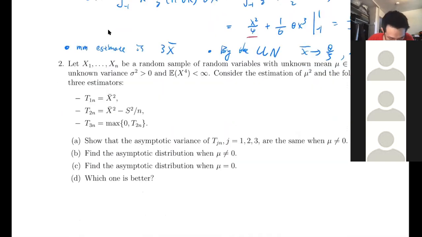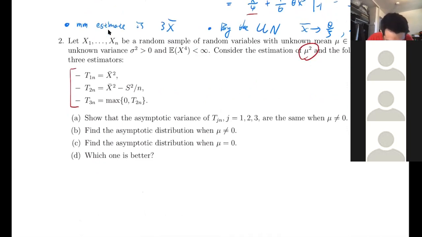Okay. And the second one is we have three different types of estimator, and we want to estimate mu squared. We can show that all these three methods are consistent.